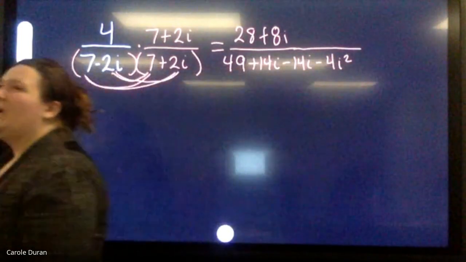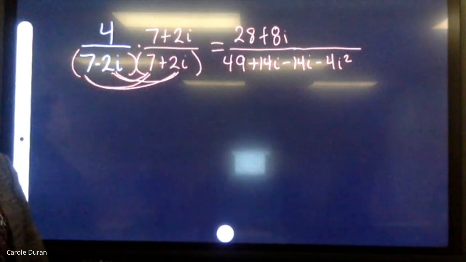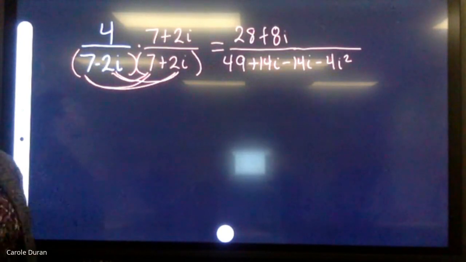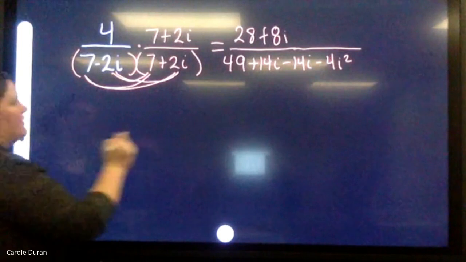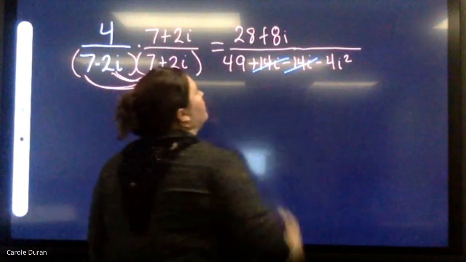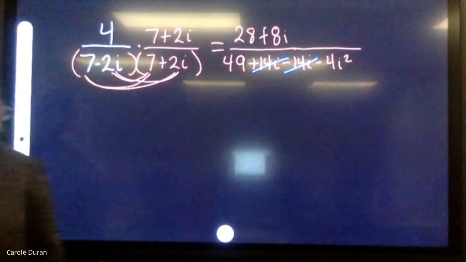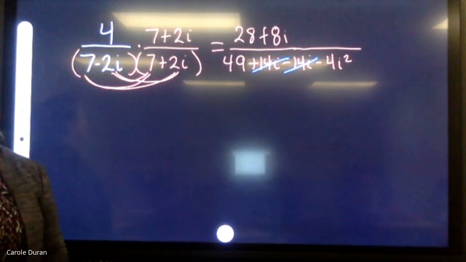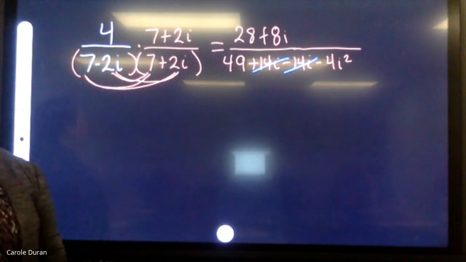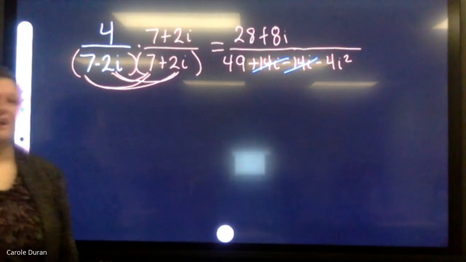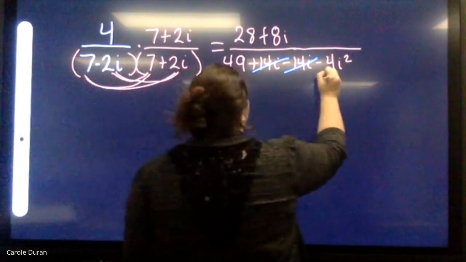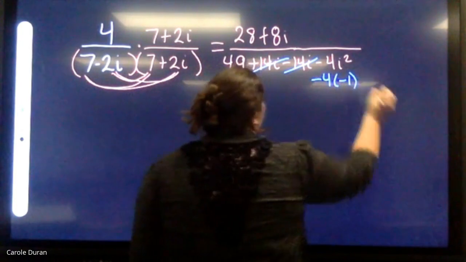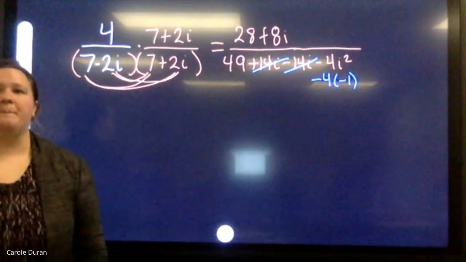Okay. What do I automatically notice is happening in my denominator? The i's cancel. 14i and negative 14i zero out. But I still have an i squared. You know that i squared is negative 1, so I replace the i squared with negative 1, which makes it negative 4 times negative 1, which makes it what?